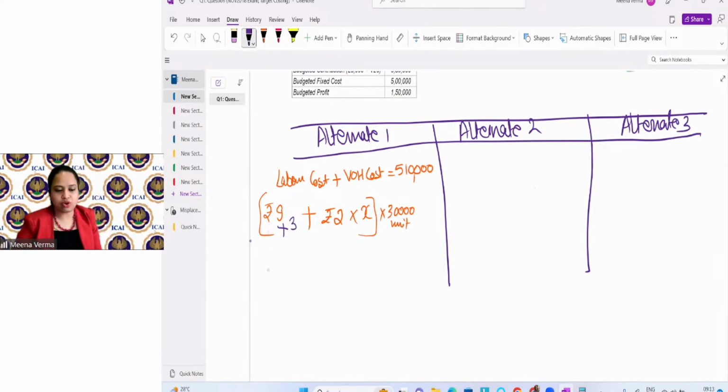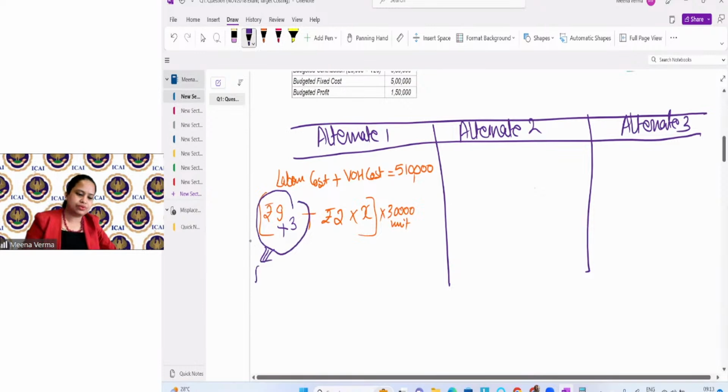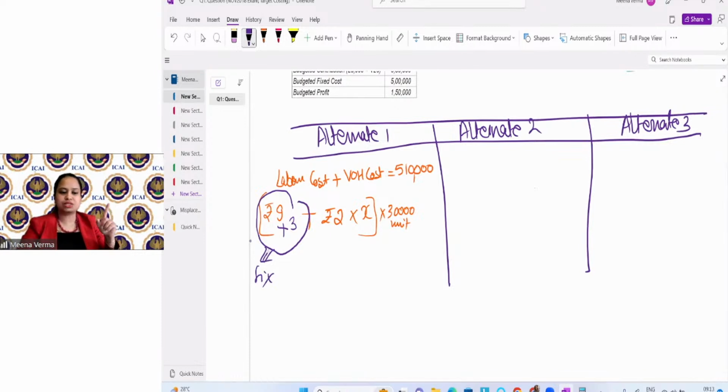So this could be one alternate, where we are assuming this is fixed for the labor. For 1 unit, we are paying this fixed amount. This amount is not paid on the basis of hours worked. We can make the payment to the labor on the basis of number of units, or on the basis of hours. So here they are assuming that we are making the payment to the labor on the basis of number of units, 1 unit labor rate.